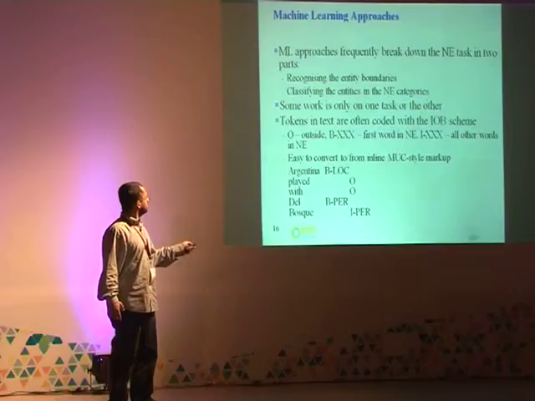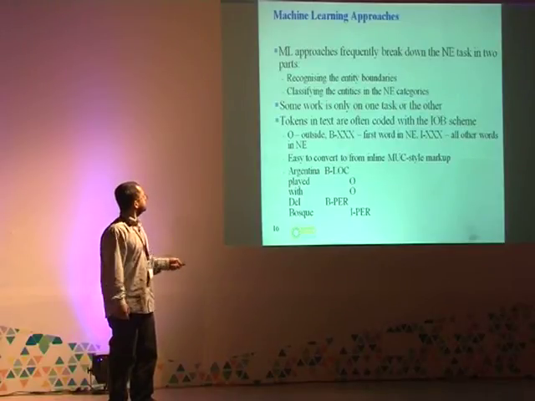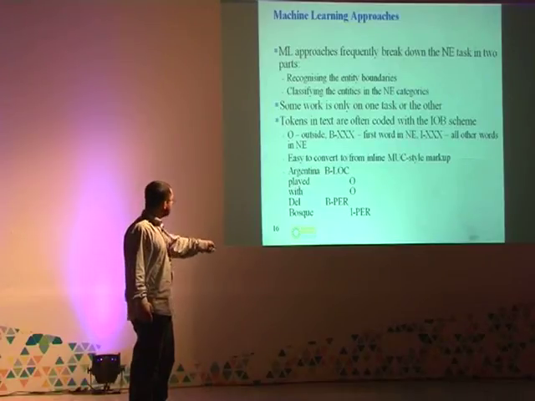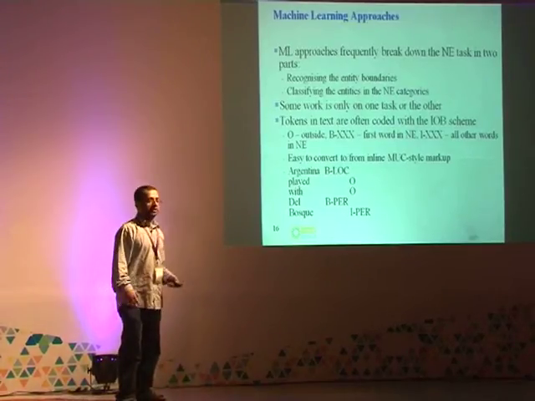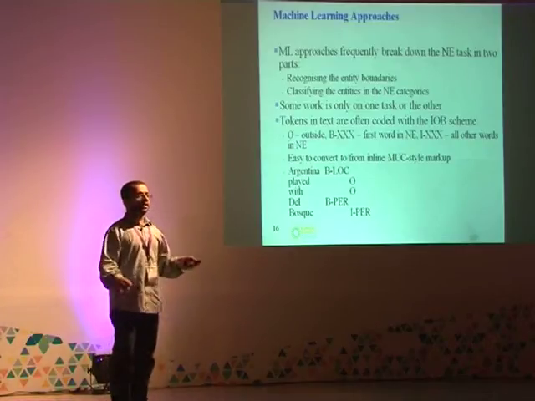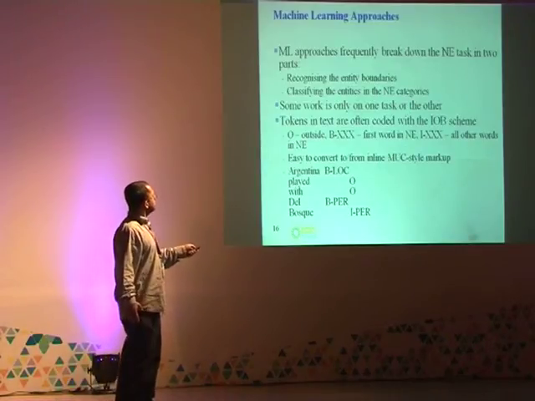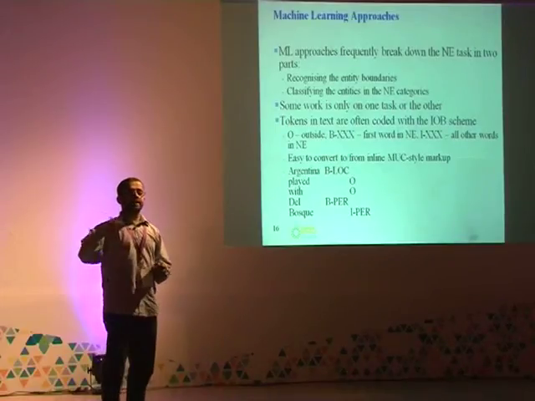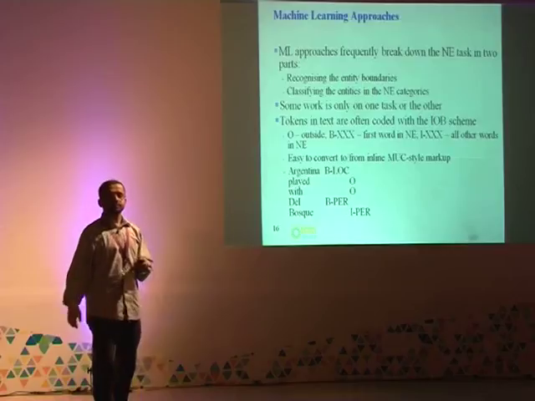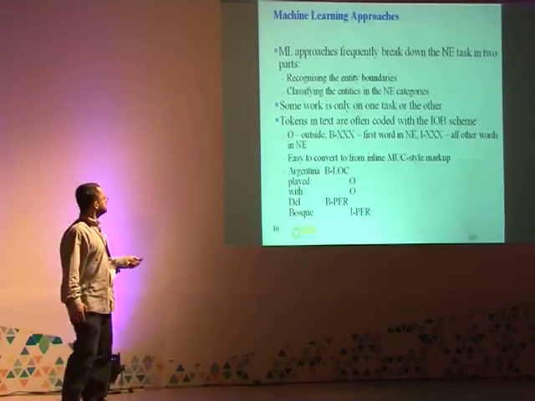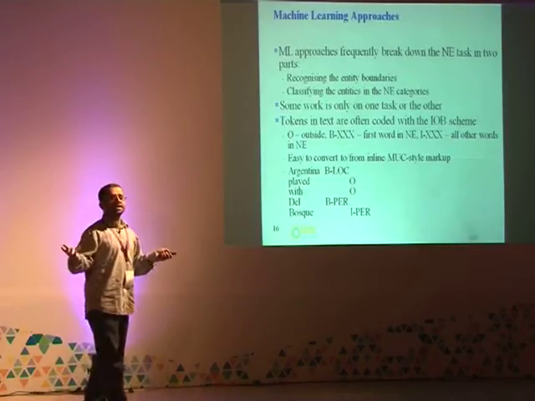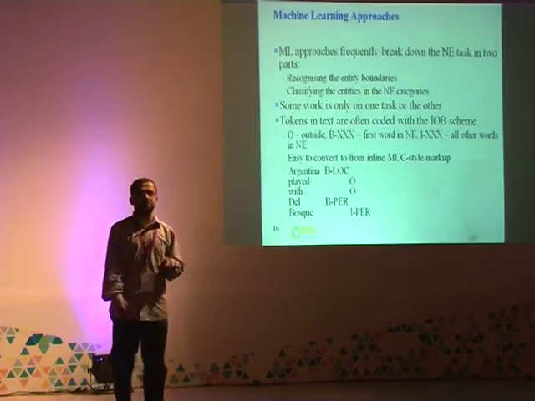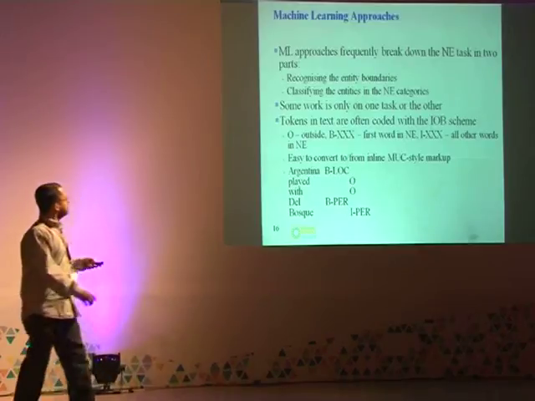Argentina is the beginning of a location, but there is no intermediate word for location, so location ends here, whereas Del Bosque actually continues into the second token. So there's begin, inside. You often also have O standing for outside, to help you mark the end of the annotation. Now, there have been a lot of studies on using only begin and end annotations as against begin, inside, outside annotations. The results have been mixed.